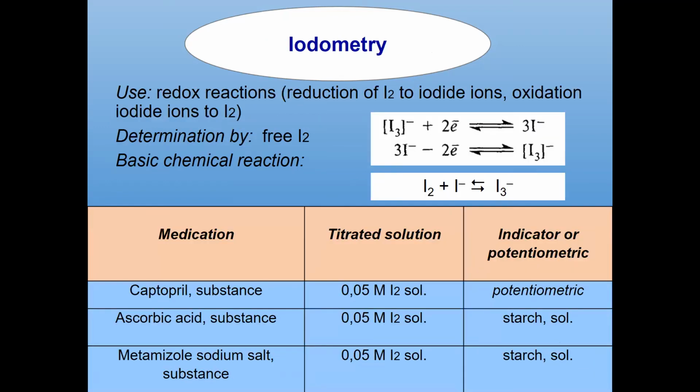Iodometry uses redox reactions, determination by free iodine. You can see the basic chemical reaction. This titration method is used to quantify captopril, ascorbic acid, metamizole.